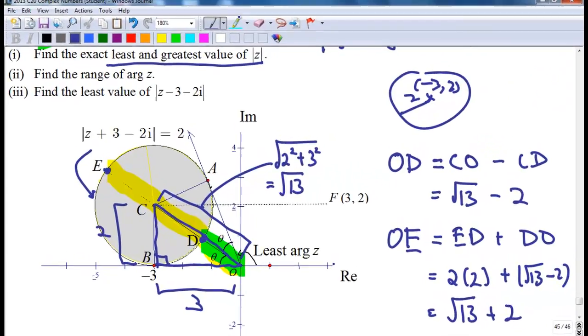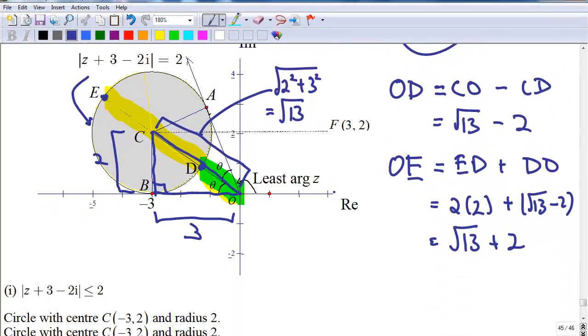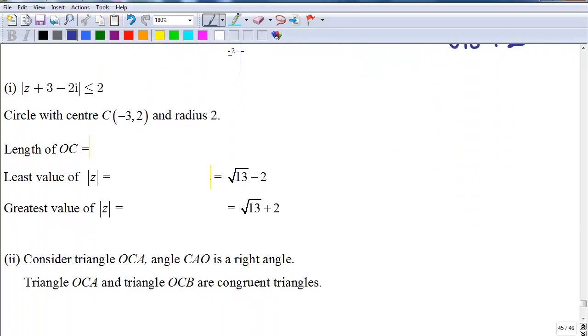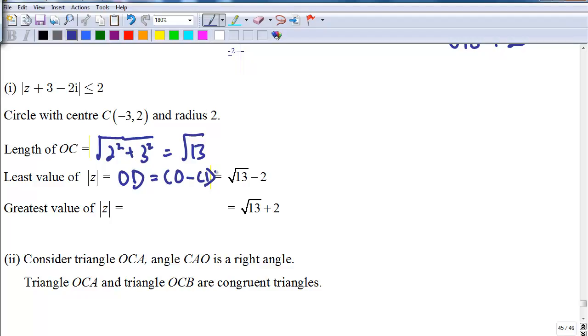Now let's fill in this information into your notes below. Okay, now you have length of OC, which is actually square root 2 square plus 3 square, and that's square root 13. Your least value of mod z is the same as OD, which is the same as CO minus CD, and then that's square root 13 minus 2.